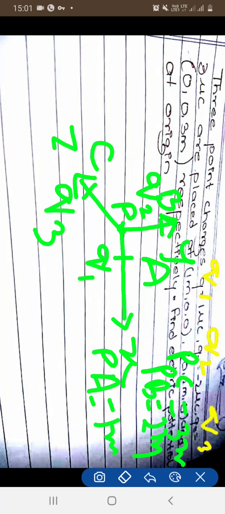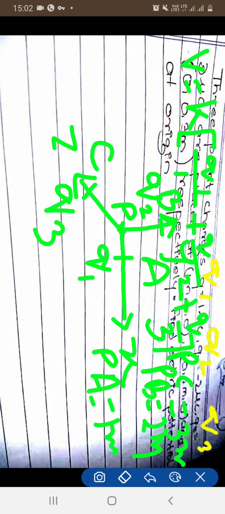So electric potential at point P due to all three charges Q1, Q2 and Q3 is given as V equal to 1 upon 4 pi epsilon naught, we put here capital K, multiply Q1 upon the distance of charge Q1 from point P, that is 1 meter, so Q1 upon 1, plus Q2 upon the distance of charge Q2 from P, that is 2 meter, plus Q3 upon the distance of charge Q3 from point P, that is 3 meter, bracket close.